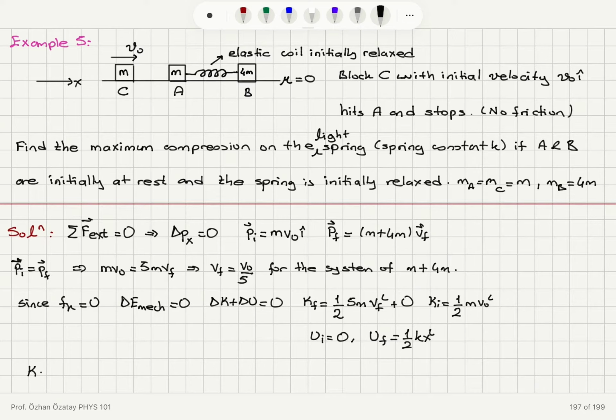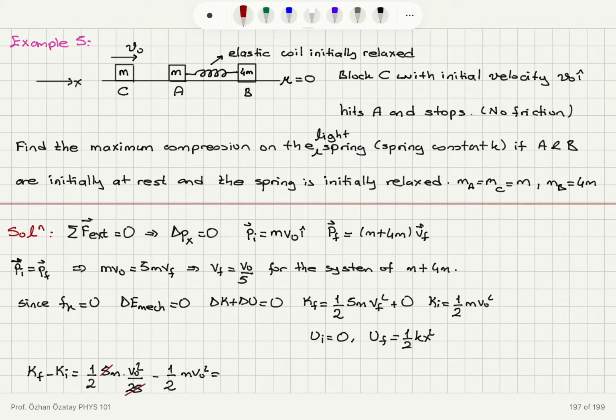So the change in kinetic energy, K final minus K initial, is 1 over 2 times 5m times the final velocity squared, v0 squared over 25, minus the initial kinetic energy 1/2 m v0 squared.